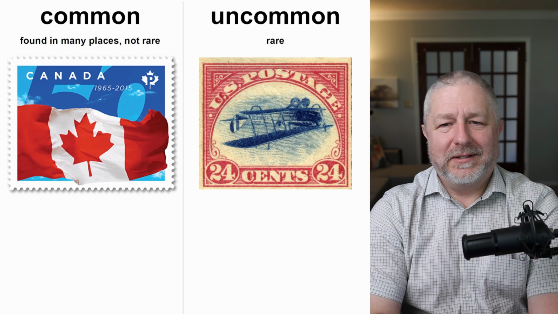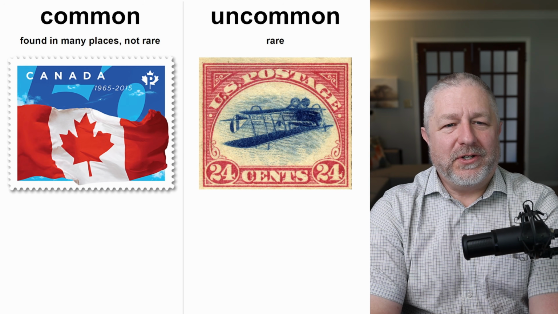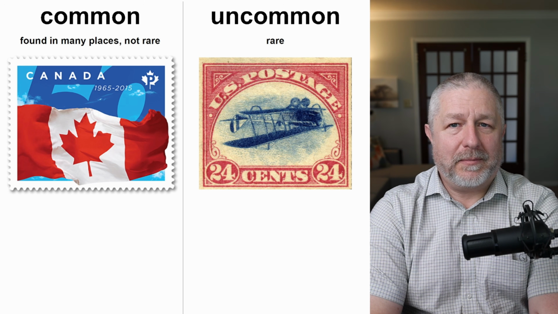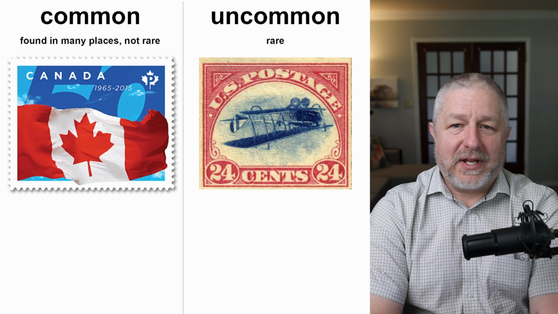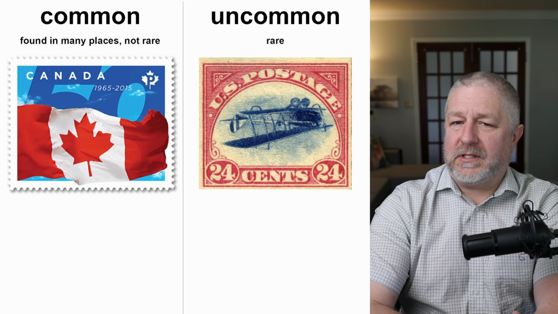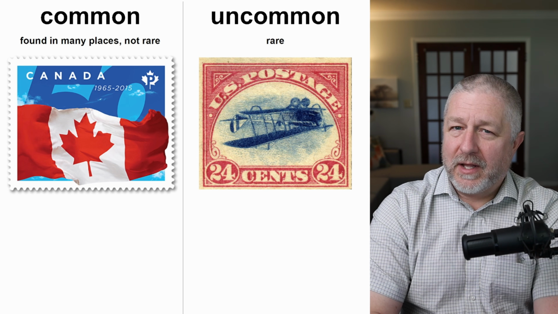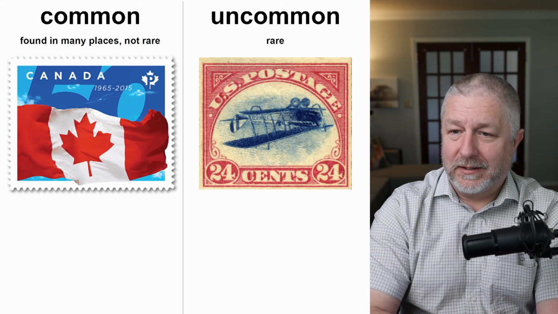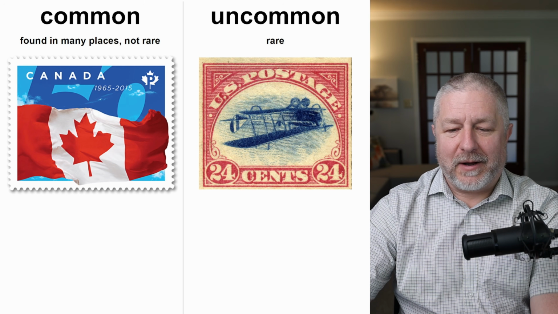Common and uncommon. In the far picture, you see something that is found in many places, not rare. This is a Canadian stamp. You will see Canadian stamps everywhere. In the closer image, though, under the word uncommon, we see a US postage stamp that is very rare. It is not very common. If you have one, you should try to figure out how much it is worth.